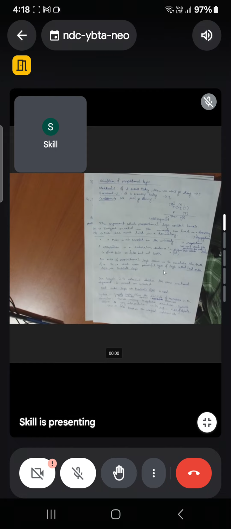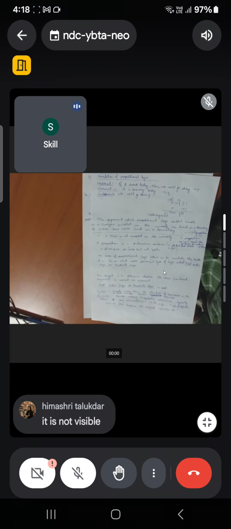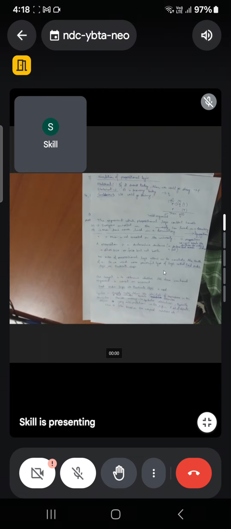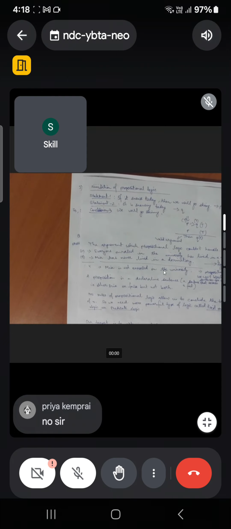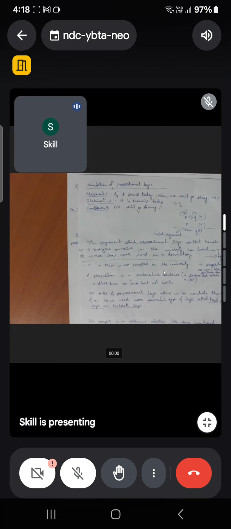But in the propositional logic, it was explaining that if it is true and false like that, is it not visible? Are we able to see it now? I've moved it closer.